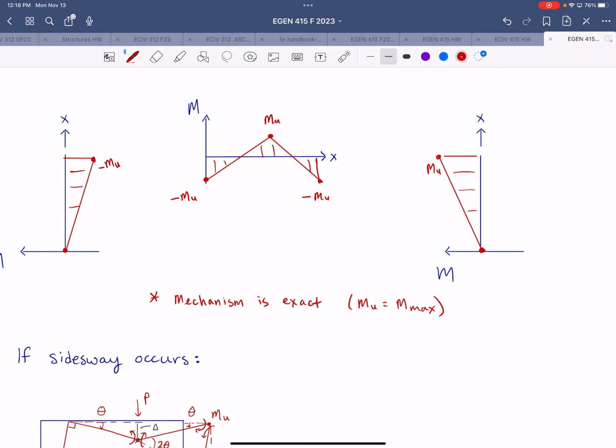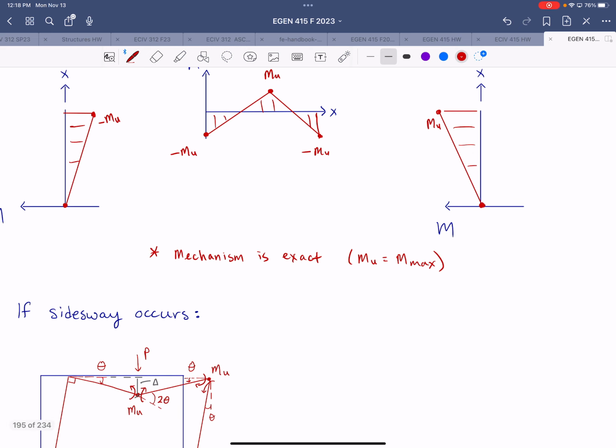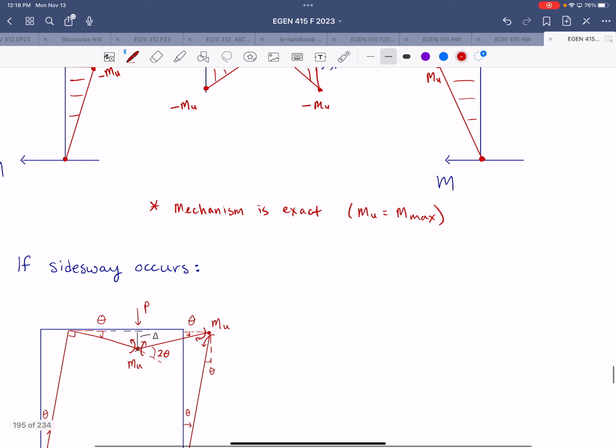But there's another possible mechanism. We could potentially in a frame have side sway, even if there's no horizontal force applied. If side sway occurs, then the mechanism that could cause failure would be one where one of these joints maintains a 90-degree angle, either the left beam column joint or the right beam column joint.